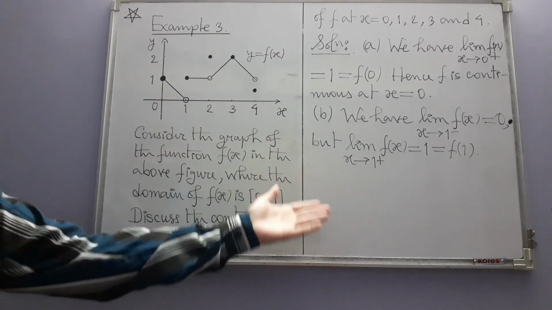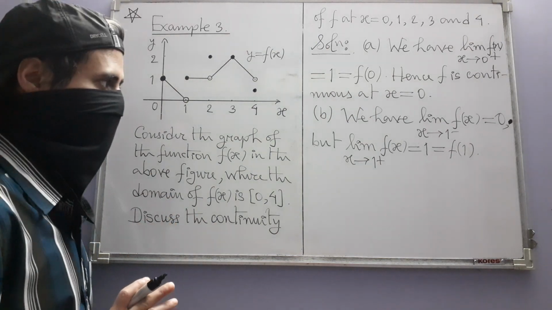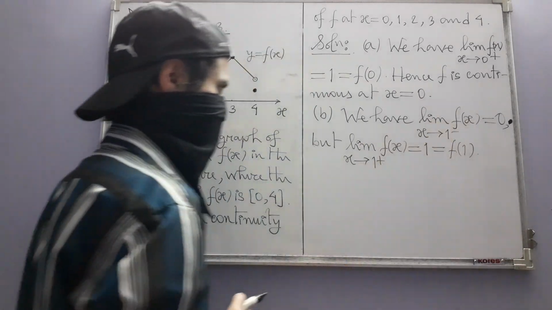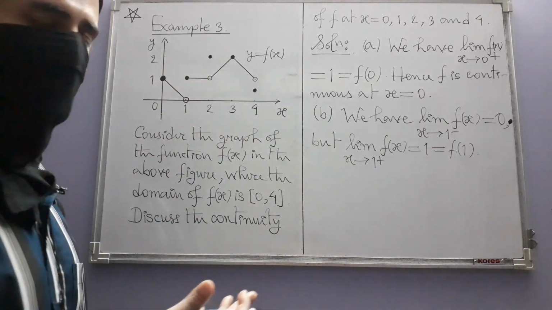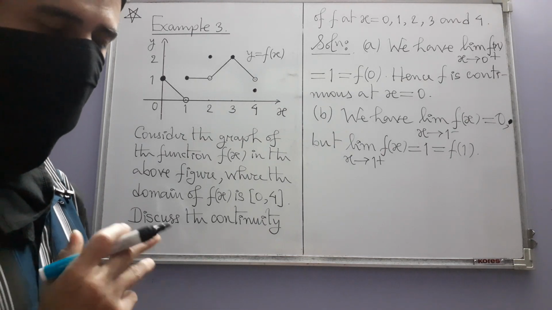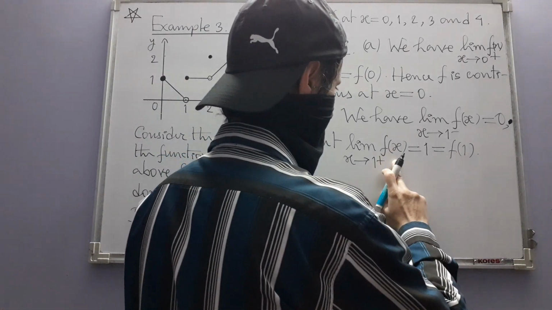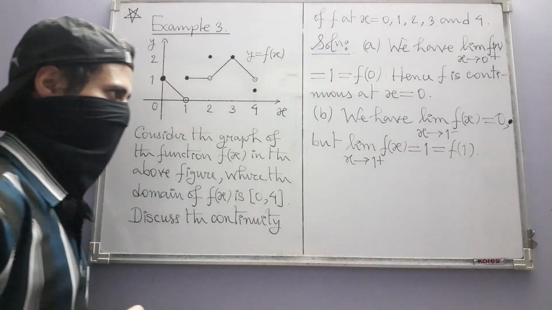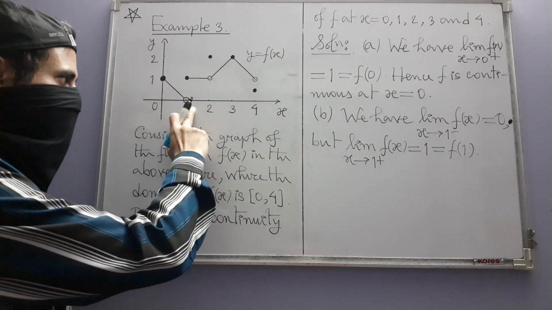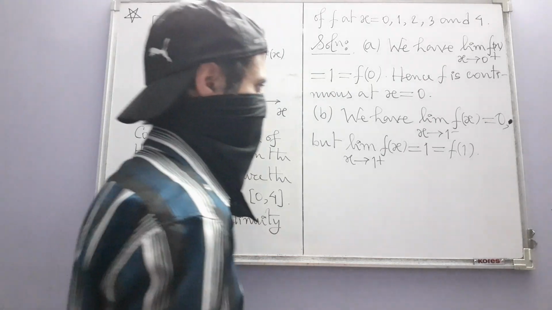So from these things, you can see that f is not continuous at 1. Why? Because the right hand limit and the left hand limit are different. So the two-sided limit does not exist at x equal to 1. Nevertheless, the right limit at 1 is actually equal to the functional value at 1. So f is not continuous at x equal to 1, but it is right continuous at x equal to 1.